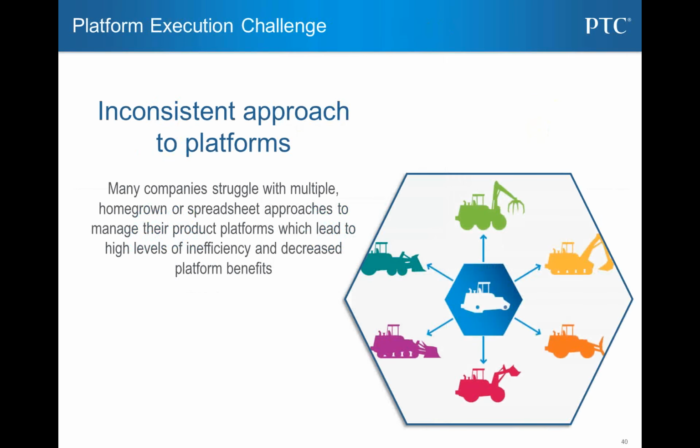And so if you look at what companies have done today, a lot of companies have used spreadsheets to try and manage options and different product variations. But again, as you have diverse teams that have to work on this, and where you really need to make sure that you get economies across this, it's really tough to get a holistic view with the traditional approaches.